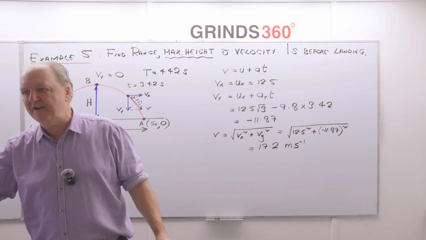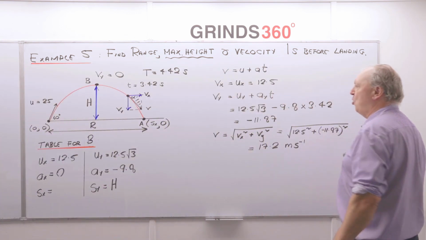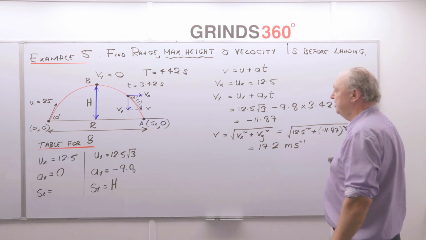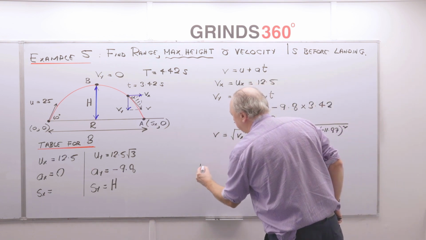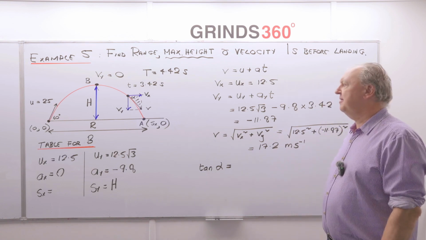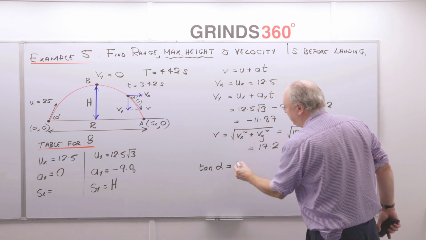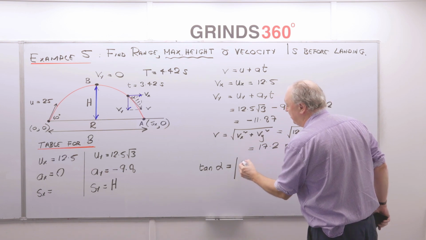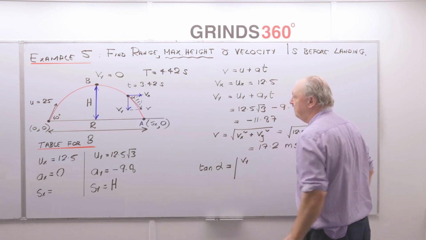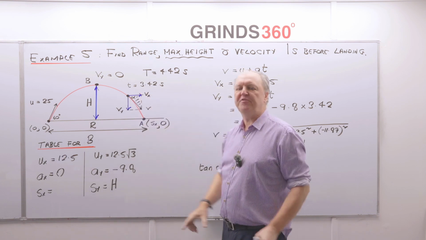So I need that angle alpha. That's important. So the angle is alpha. So I can say that tan alpha is equal to, I'm just going to take the absolute value of it. So it's the absolute value of Vy. Vy is the opposite divided by the adjacent Vx.